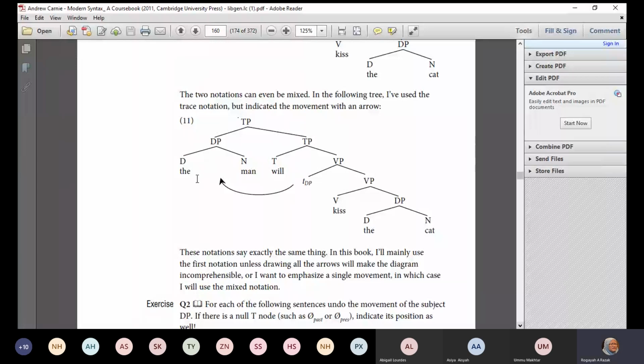So then it becomes, the man comes here, then the sentence becomes, the man will kiss the cat. So we get a 3 derivation. So from 3 derivation, I'm revising now, revision. We have a complement merge, C merge, C merge, C merge, C merge, but here is an S merge. This is an S merge.